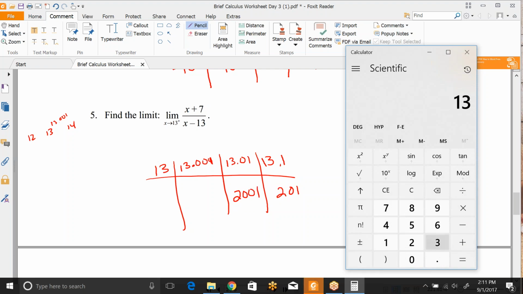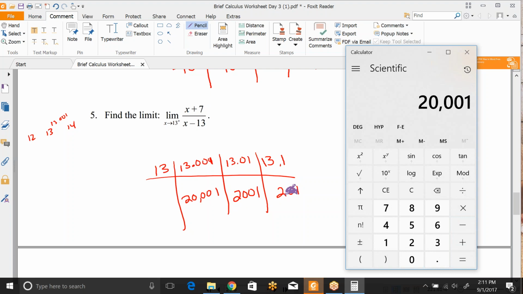And then 13.001 plus 7 divided by 13.001 minus 13. And that's 20,001.